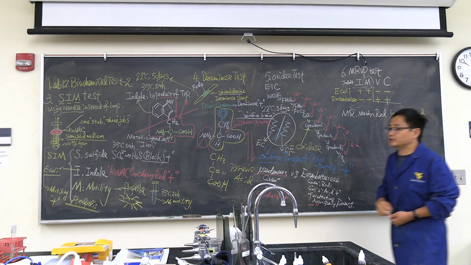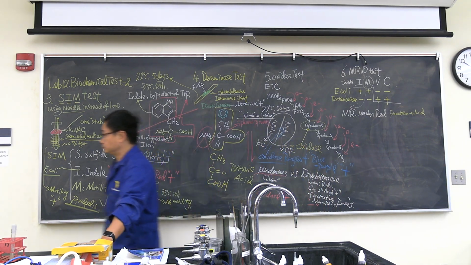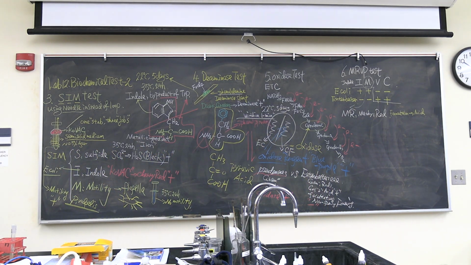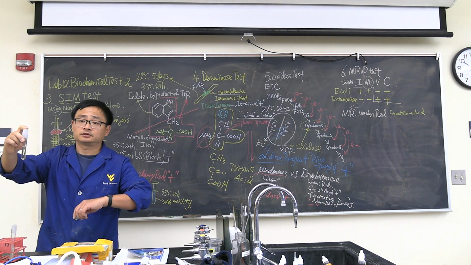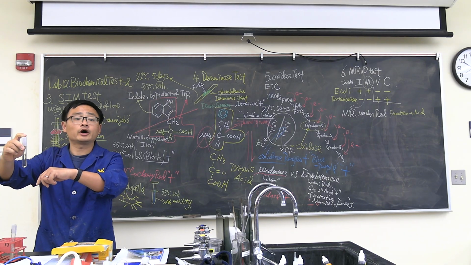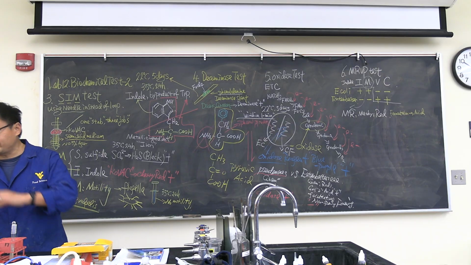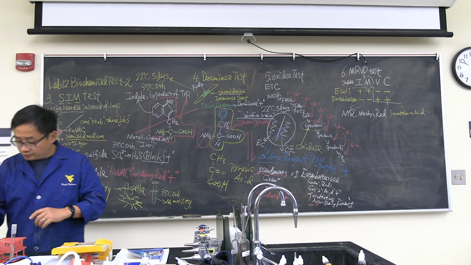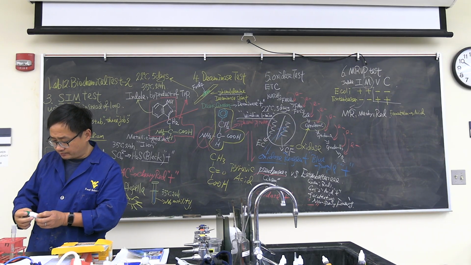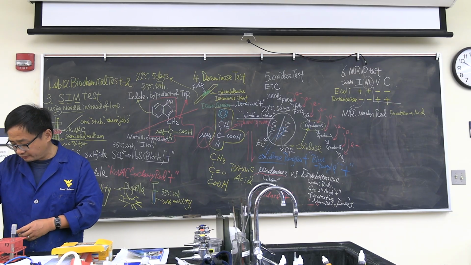So the experiment is very simple. Today you get an MRVP broth and you add a bacteria there, E. coli or Enterobacter. Then we do the incubation, and after that we add a reagent called methyl red reagent. Let me find it for you.